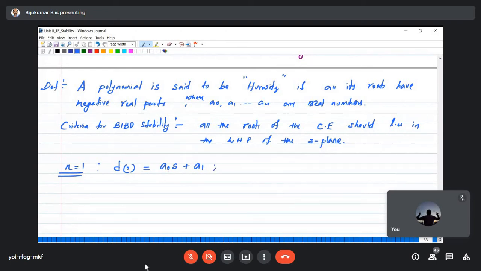And what is the pole at this condition? For this one, what is the pole? Minus a1 by a0. So in order for the system to be in stable state, what are the values of a1 and a0 you are expecting?